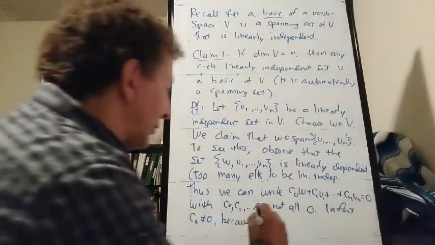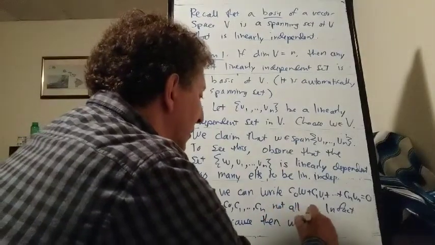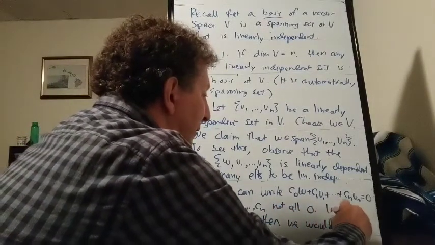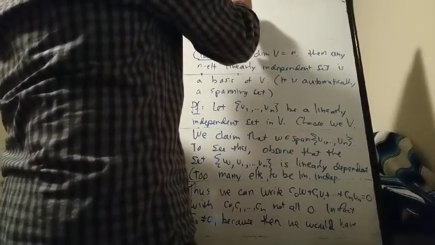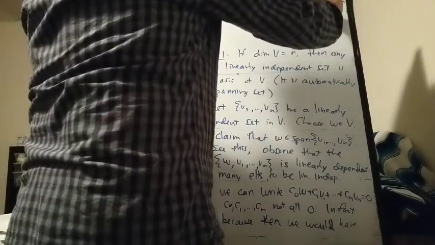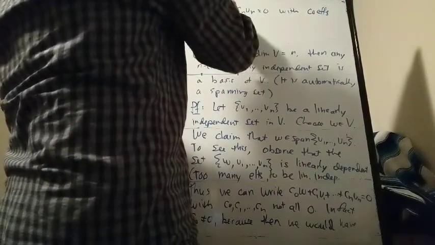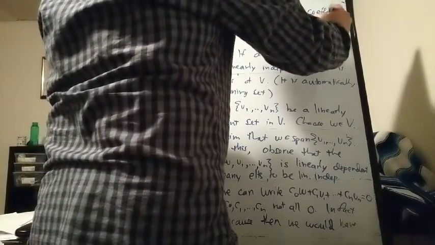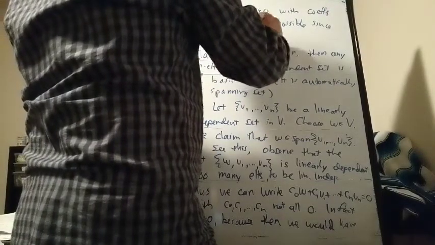So C naught is not 0, because then we would have C1 V1 plus dot dot dot Cn Vn equals 0 with coefficients not all 0. This is impossible since V1 through Vn is a linearly independent set.